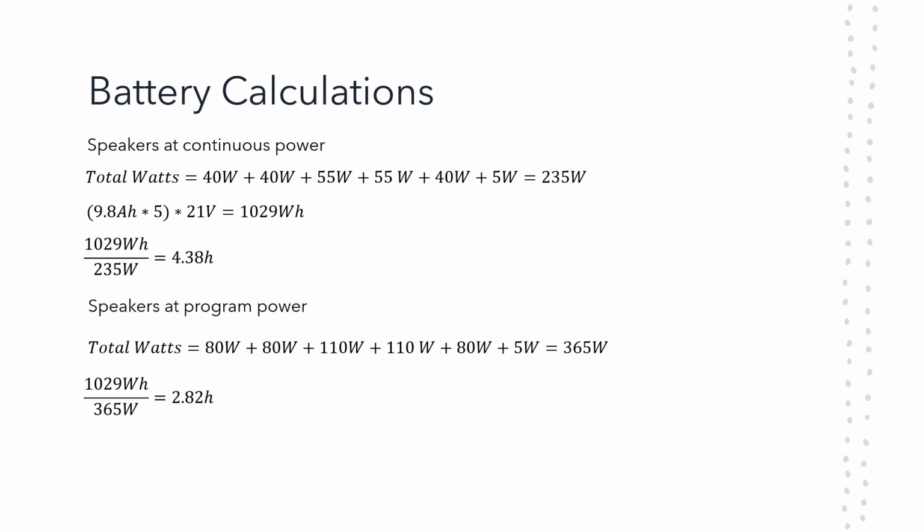So I did that by finding the total watts of the speakers, which I used from the specifications I found earlier in the semester, and then found the watt hours the batteries had. And I found out for the speakers running at their average everyday use, it would run for roughly 4.5 hours, as this theoretical calculation shows, and that the speakers at maximum volume will last for just under 3 hours.